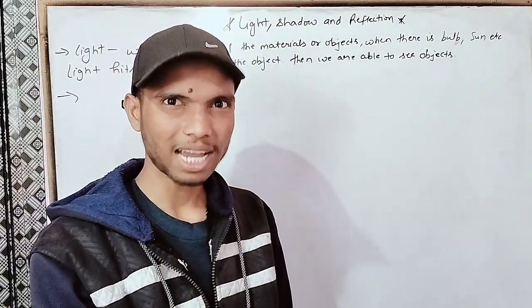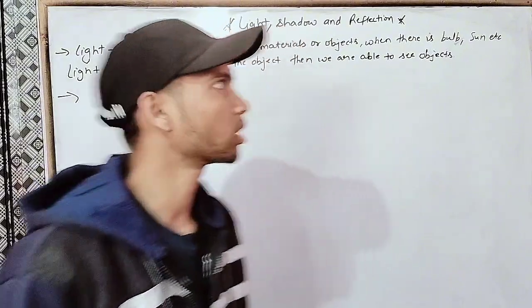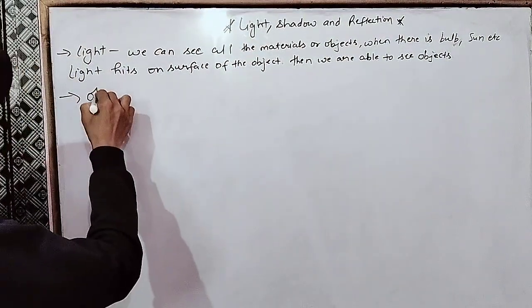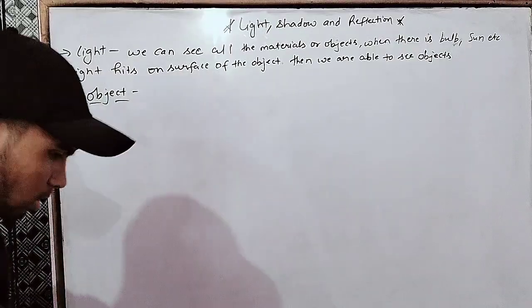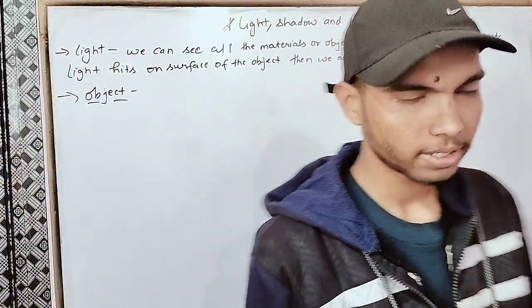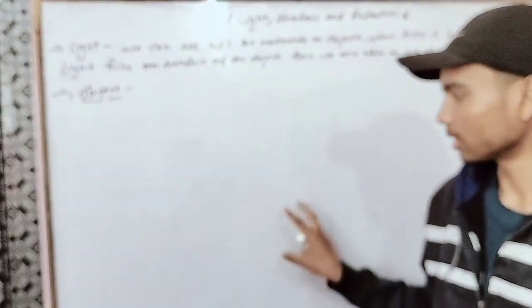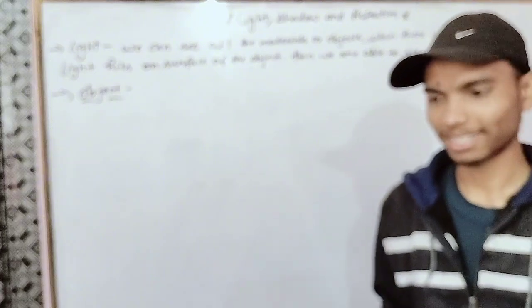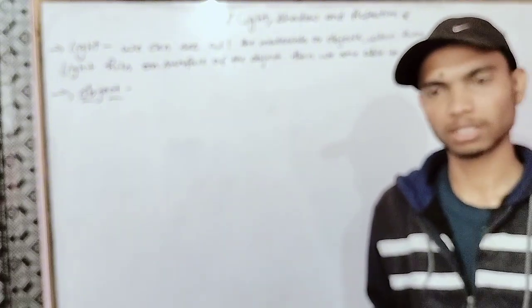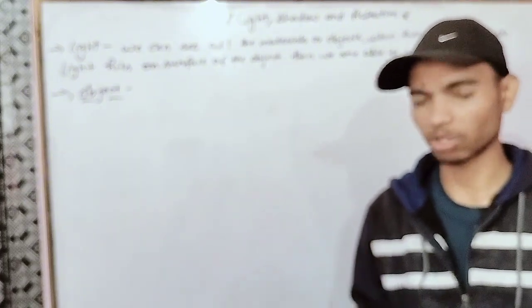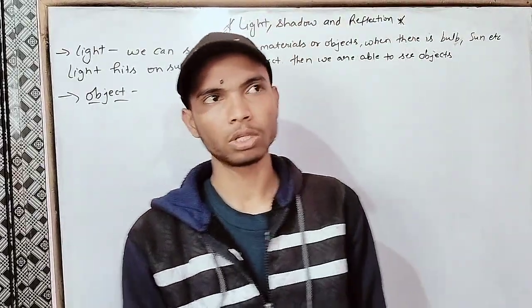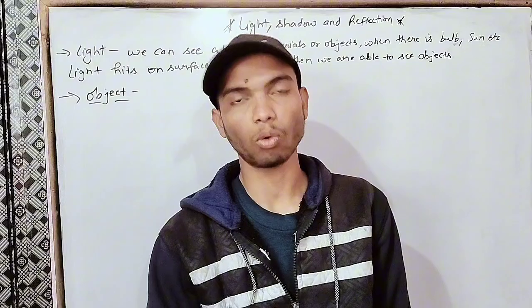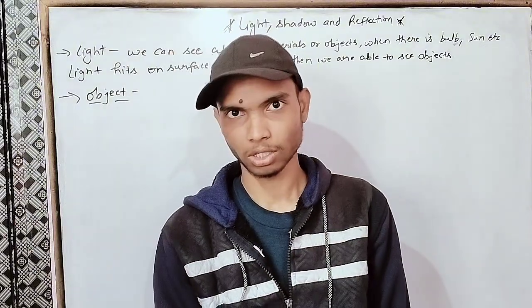What is the exact meaning of object? This is also an object. A house is an object. Car, aeroplane, and book. Whatever we are looking at, all these are objects.